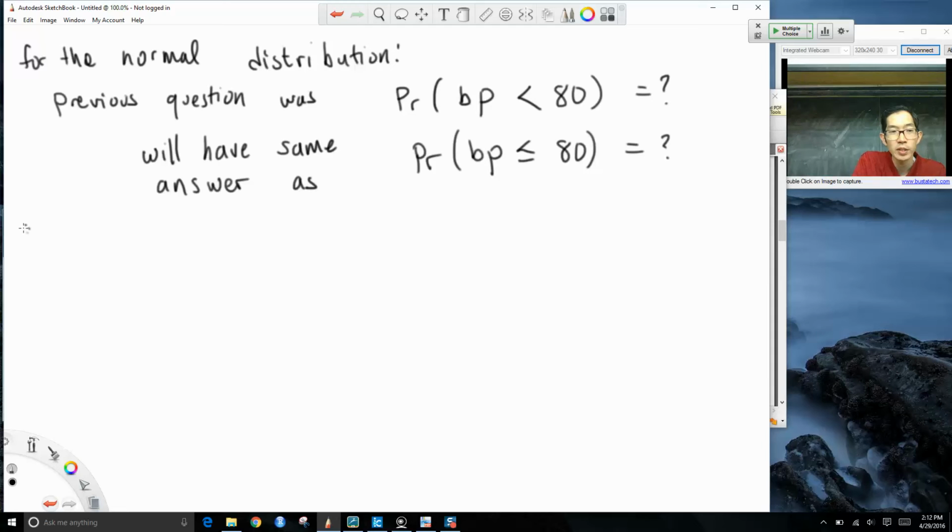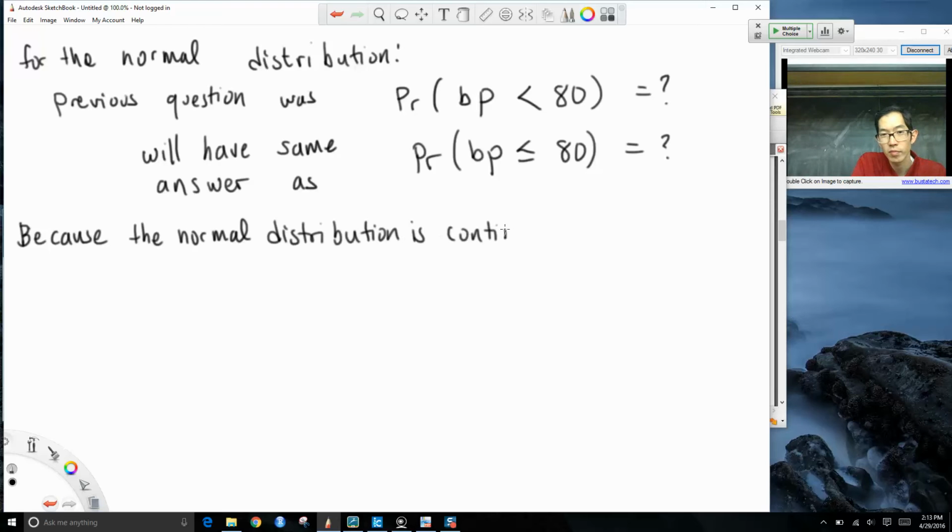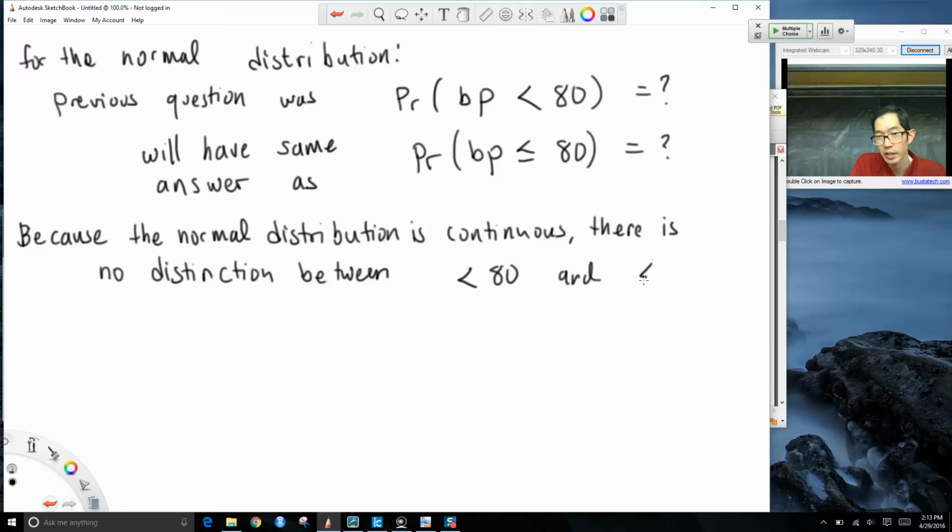So because the normal distribution is continuous, there's no difference between less than 80 and less than or equal to 80.